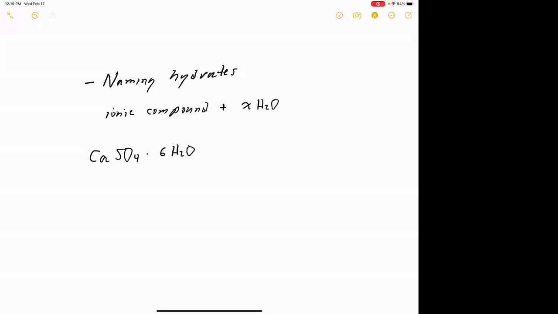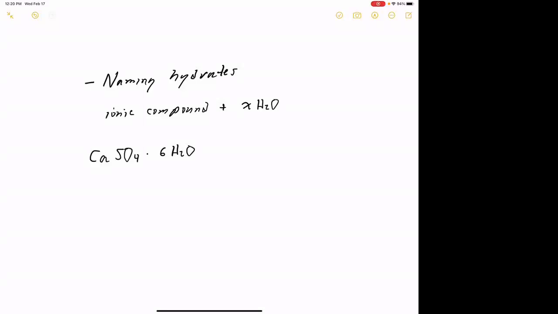What this tells me is that in the overall formula, it's your regular ionic compound, calcium sulfate, that has 1 calcium and 1 sulfate per formula unit. But then associated with that formula, you have 6 molecules of water as well. We treat this as a single compound because the water becomes part of the crystalline structure of the ionic compound. That's why we do it that way.